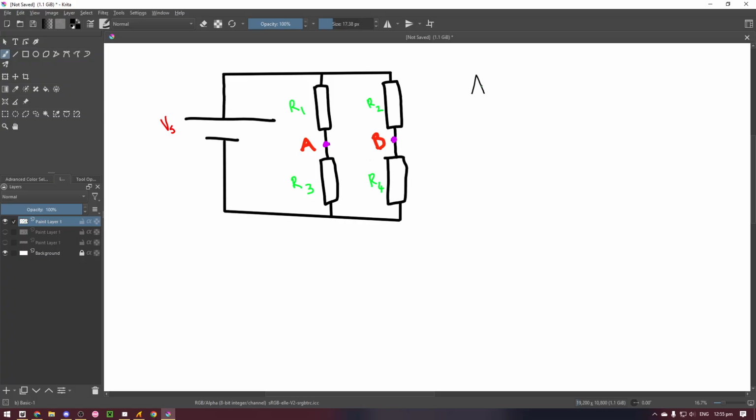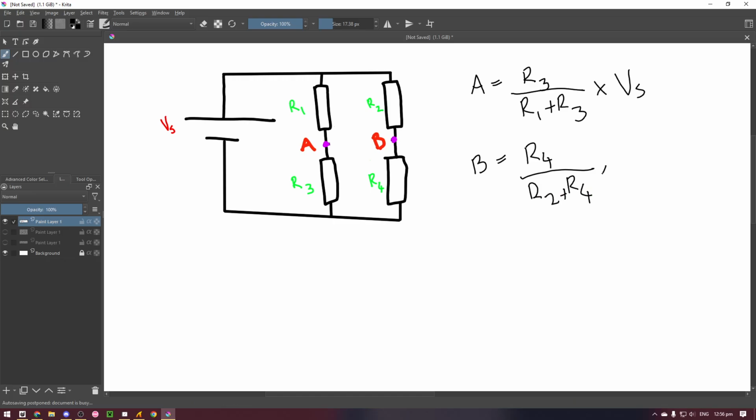So A can be represented as R3 over R1 plus R3 times the voltage source, and B can be represented as R4 over R2 plus R4 times the voltage source.